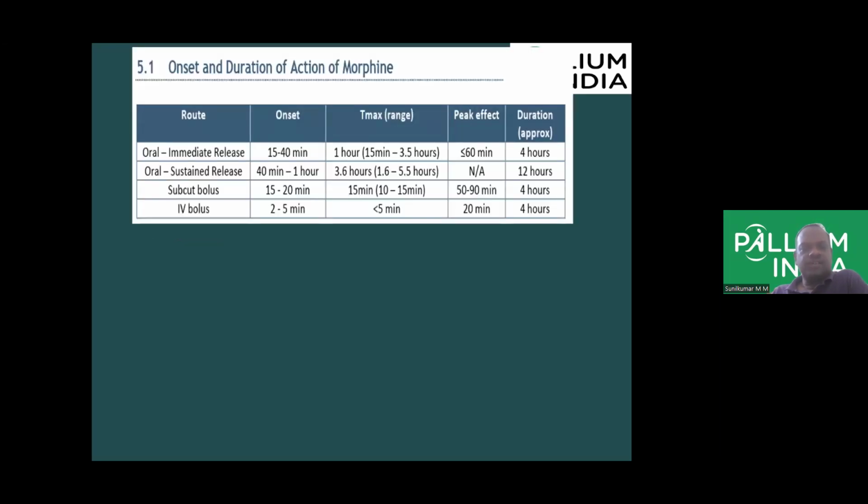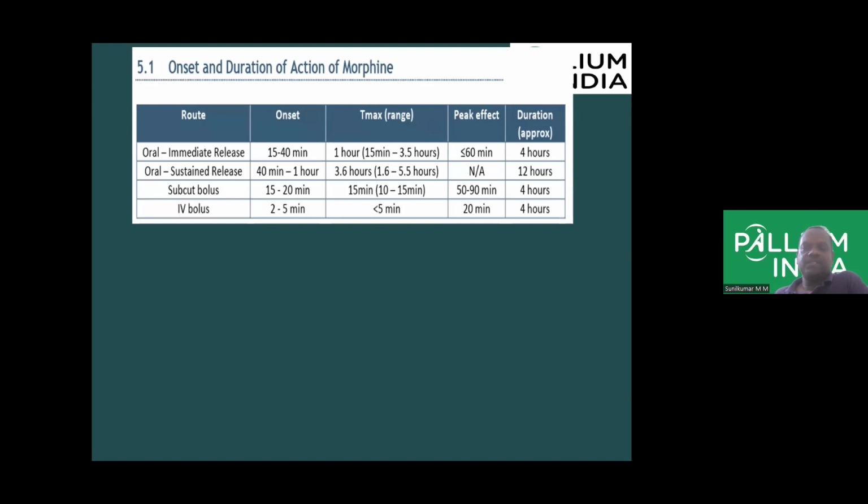So just want to show you the differences between oral, sub-Q and IV bolus doses, the effect. But please take it just as a guideline. These are not hard and fast. You will find some other value if you refer to other articles or books. So here you can see the oral immediate release tablet.